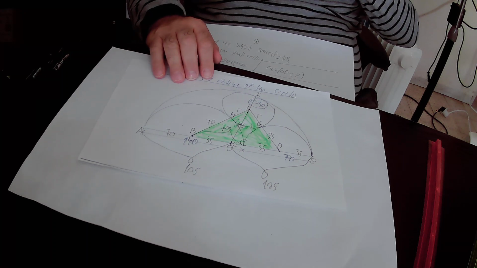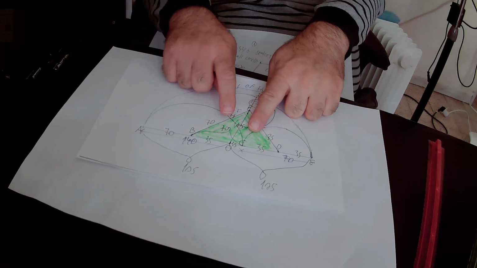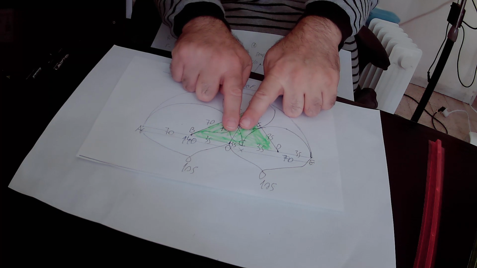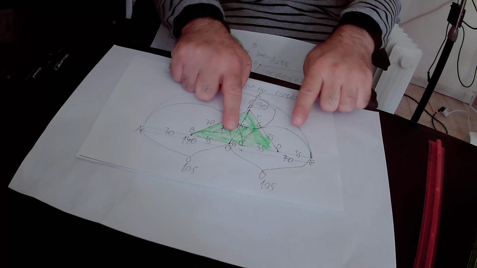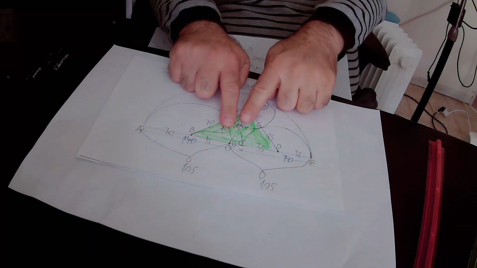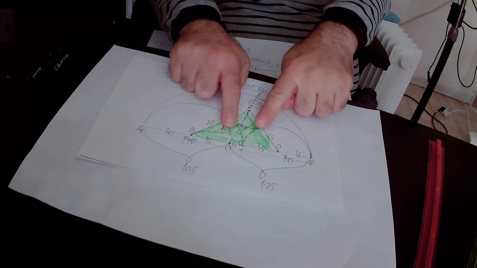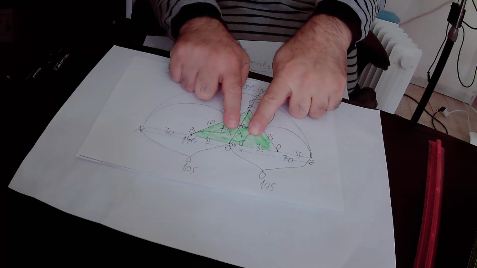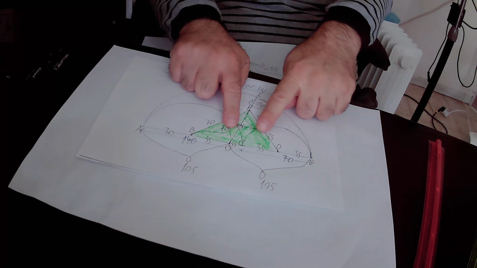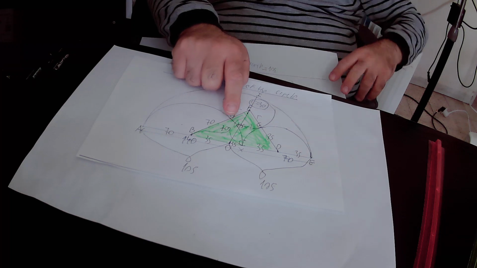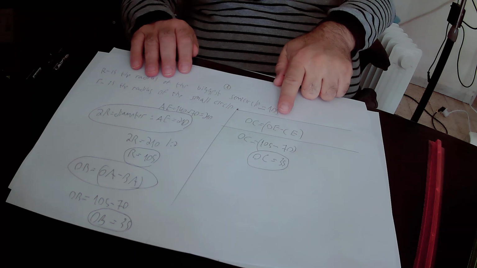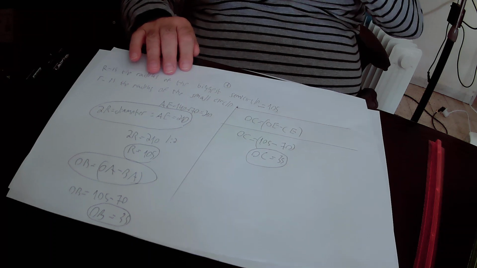Likewise, we find the length of this line segment OC. From the drawing, it is very easy to see that OC equals OE minus CE.